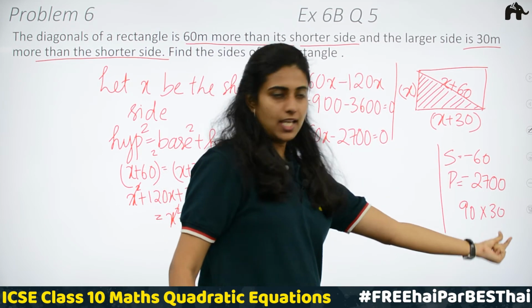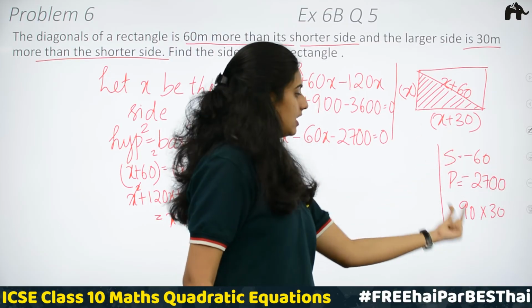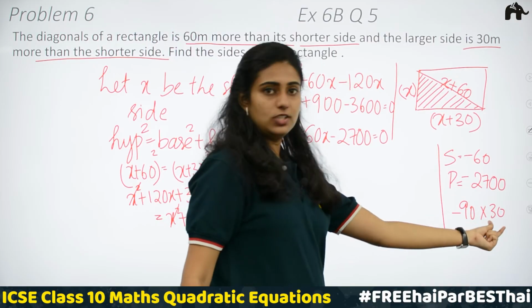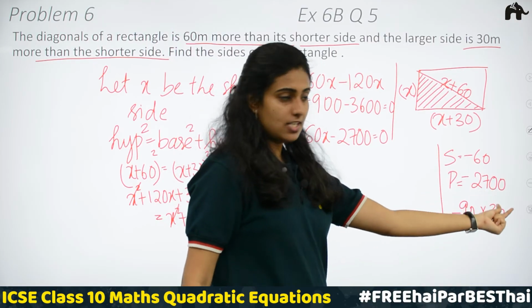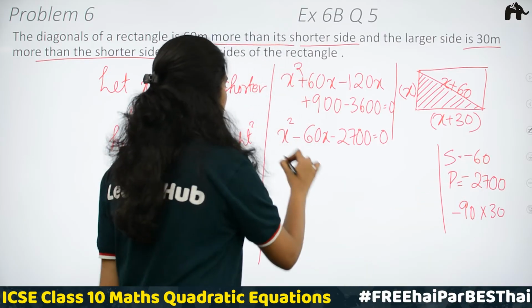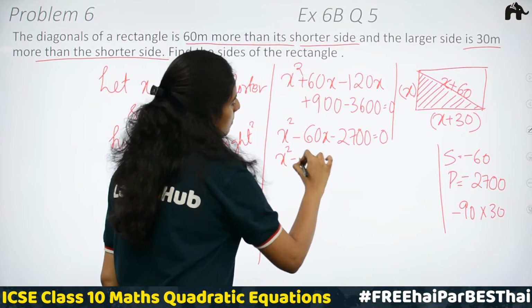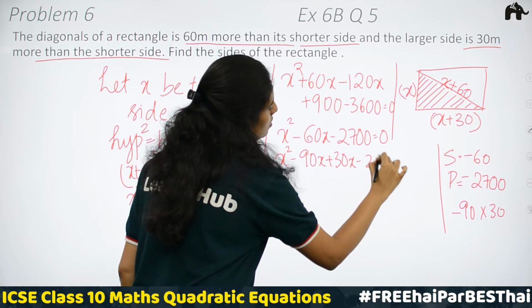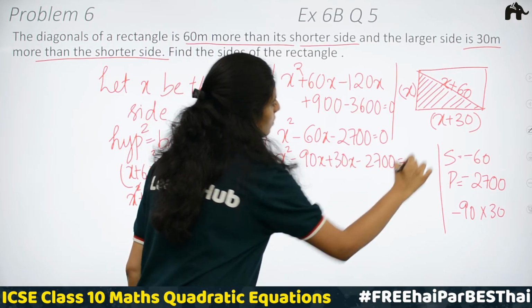One number should be negative. Sum is negative. Greater number should be negative. Minus 90 into 30 is minus 2700. Minus 90 plus 30 is minus 60. Now we can split the middle term. X square minus 90x plus 30x minus 2700 is equal to 0.